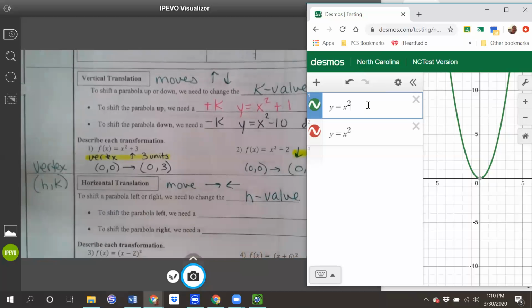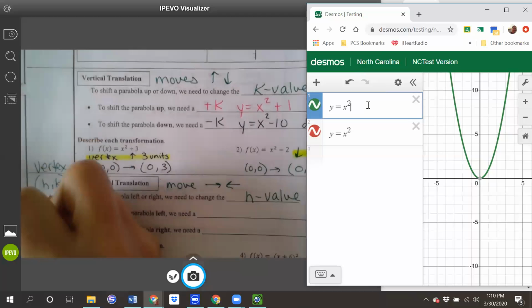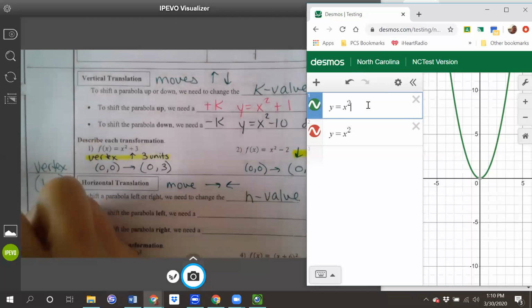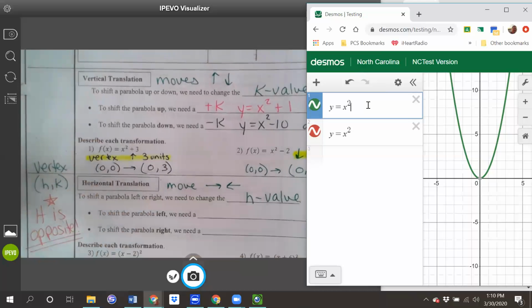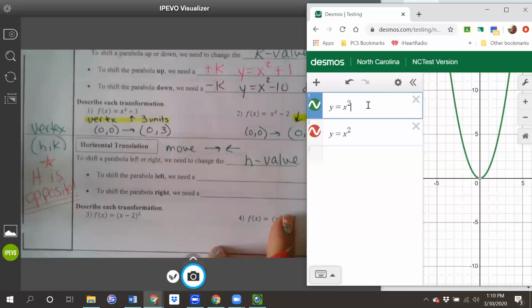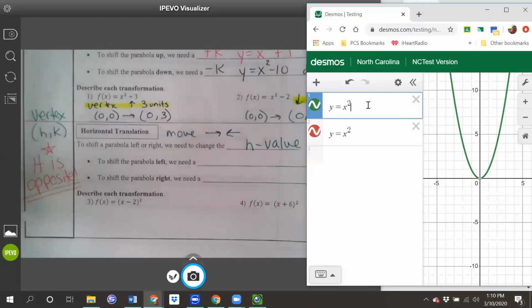H is attached to x, which is going to influence its movement in the x direction, left and right. So please remember that when we are dealing with h's, h is opposite. Don't ever forget that. H is opposite.